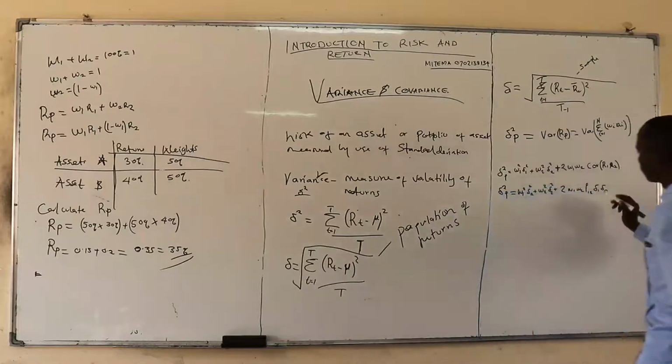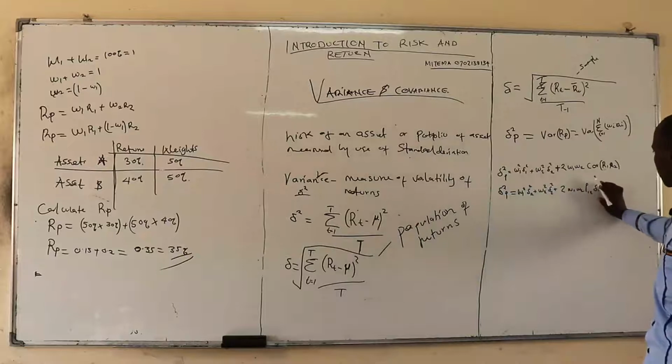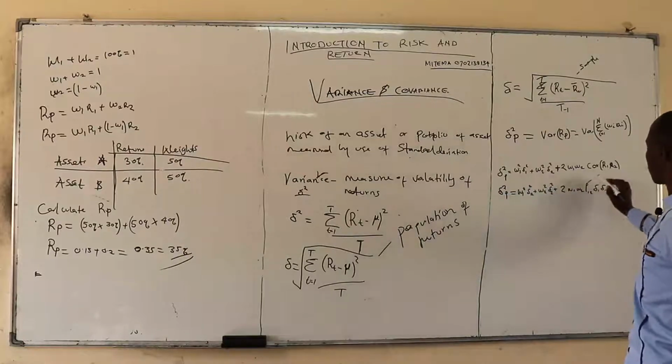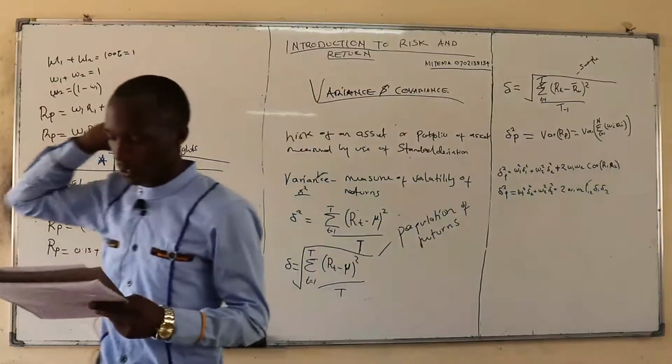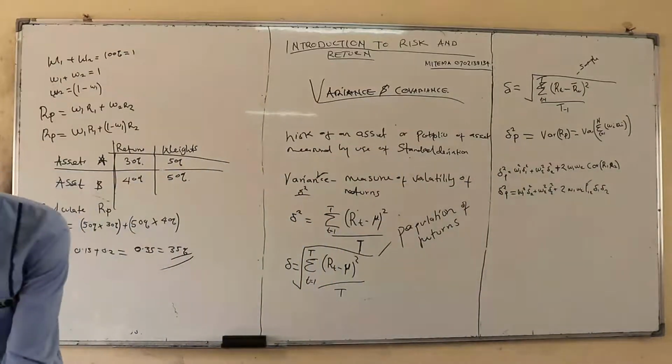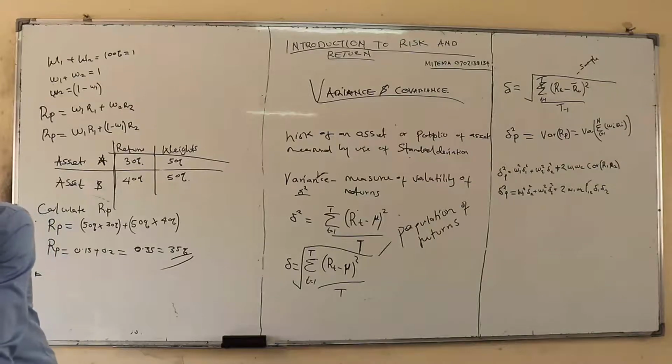Now, again, this is a Greek letter. It represents the coefficient of correlation.